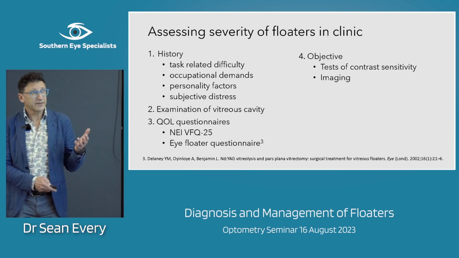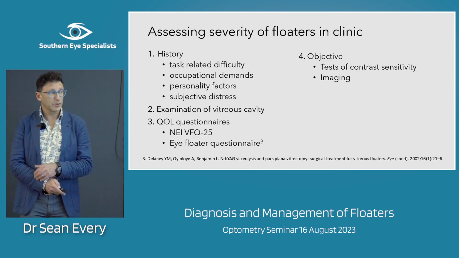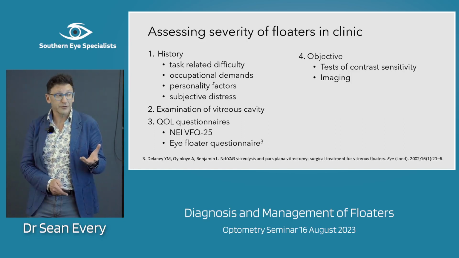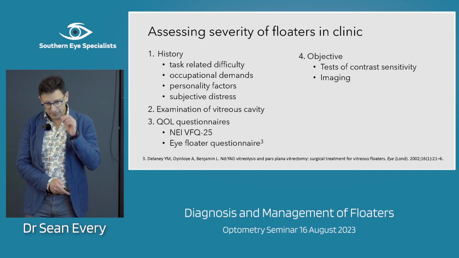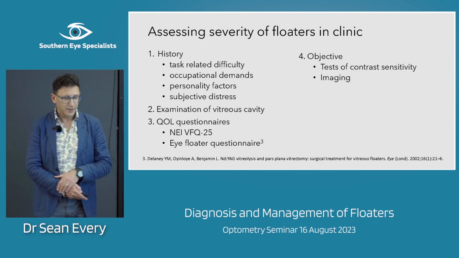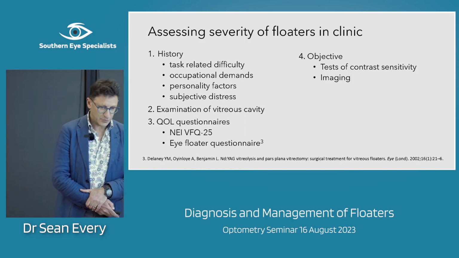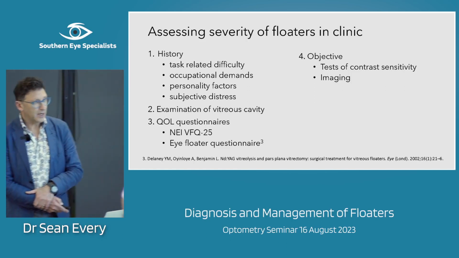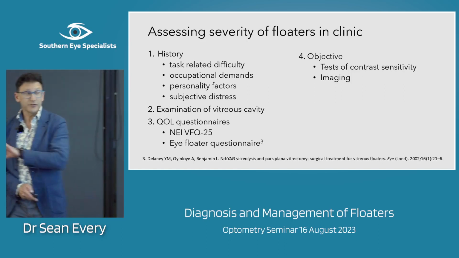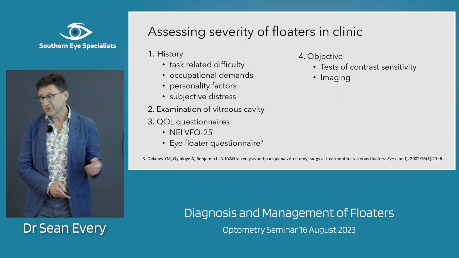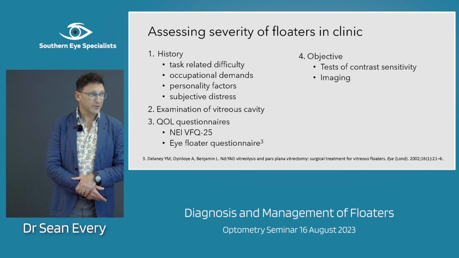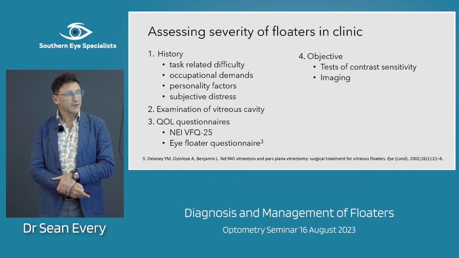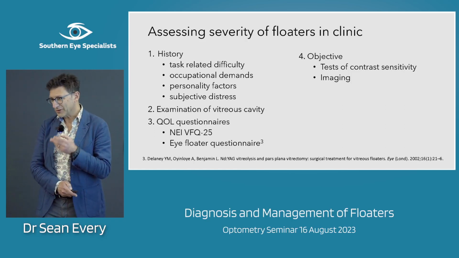So how do we assess the severity of floaters in the clinic? Well, first of all, it's all on the history, isn't it? Looking at the computer, if they've just got that uniform white background, all good. If they've got debris swirling around in the front, or occupational demands, particularly those discriminating personality types like engineers and pilots, and then there's just the personality factor.